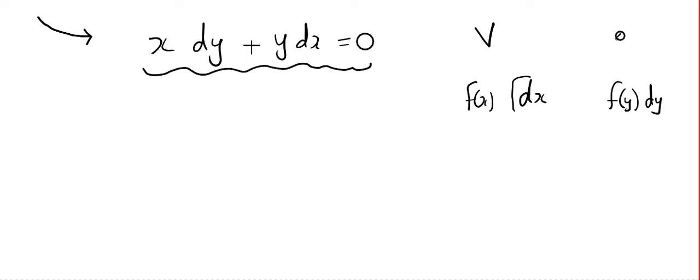And you should always remember dx and dy should be kept in the numerator. Once more I will tell you, a differential equation will be called variable separable provided by mathematical manipulation you are able to bring functions in x along with dx and functions in y along with dy, with dx and dy in the numerator.